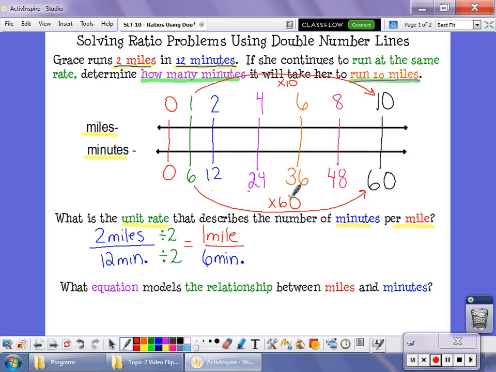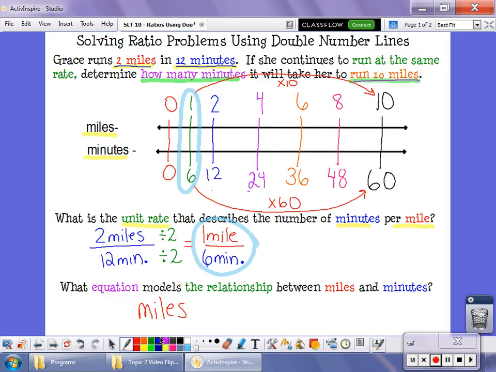Okay? If we're talking about the relationship between the equation that we would have for miles and minutes, what we want to think about is what's going to happen to our miles in order to tell us how many minutes it is. And that's going to be based on our unit rate here. We know that however many miles Grace runs, it takes her 6 minutes for every mile.